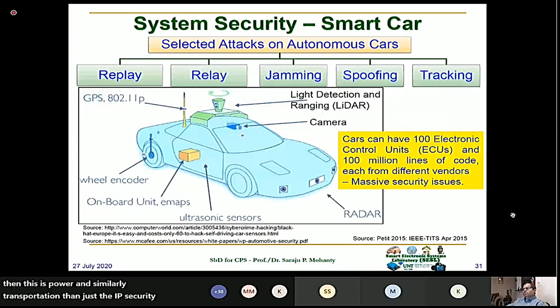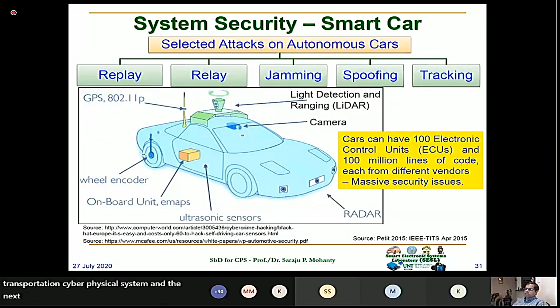Now, from the transportation point of view, this is an example of a smart car. That means this is a transportation cyber physical system, or TCPS. And actually, the Conjugatrix magazine's latest issue is on transportation cyber physical systems.